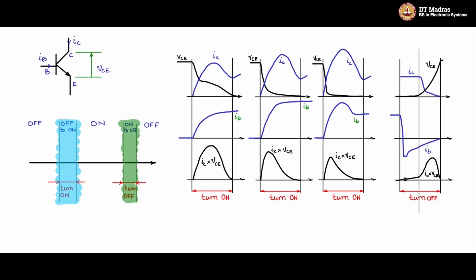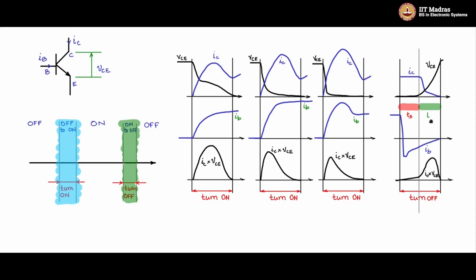In the first portion of the turn-off period, which we call TS or the storage period, you will not see much change in IC and VC because the base charges are in the process of getting removed, and the majority will be removed at the end of the storage time.